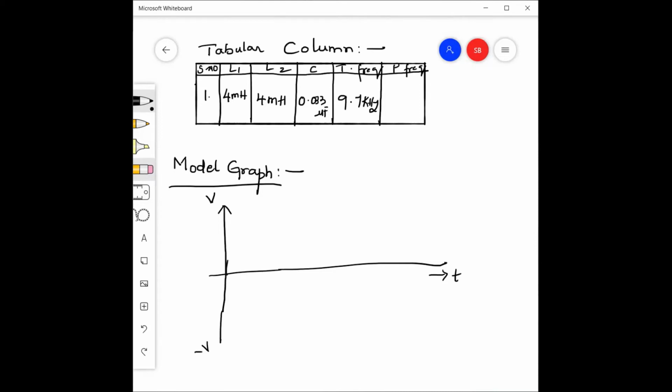According to the given values, you can draw the graph like this. At least you have to draw 2 to 3 cycles. So this is our model graph. From this time period, we will get the frequency.